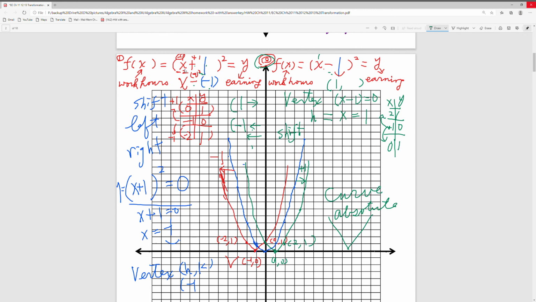This idea, you may say, teacher, I just graph for you. Why do you talk about so many concepts? A shift to the left, and when h is positive, a shift to the right. When you go to chapter 12, chapter 13, and eventually pre-calculus, we have trigonometry.